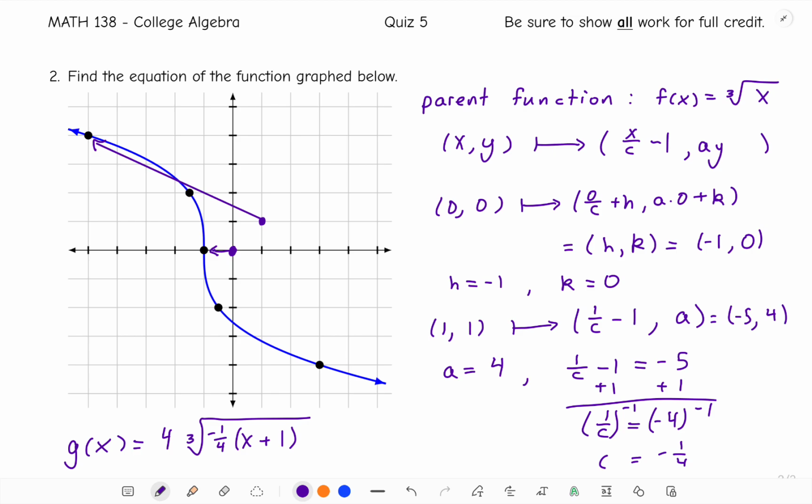Now, the second way to do this problem starts out the same way because we have no choice. 0, 0 has to get mapped to this middle point of this graph. So h is -1, k is 0. But I didn't have to choose that point up there for this second point. I could have chosen to map this to that point instead.